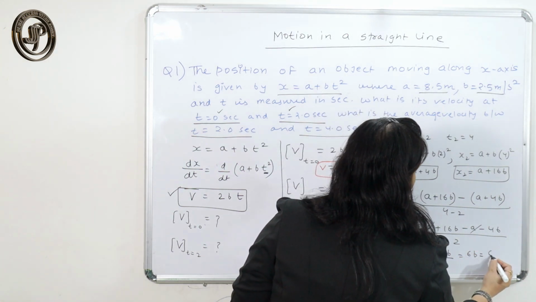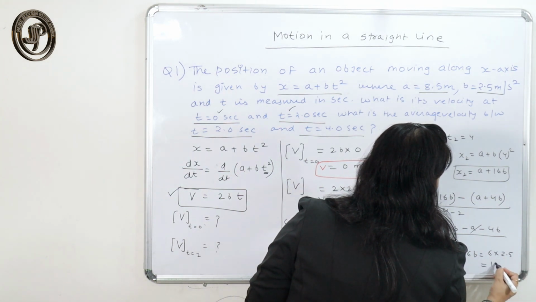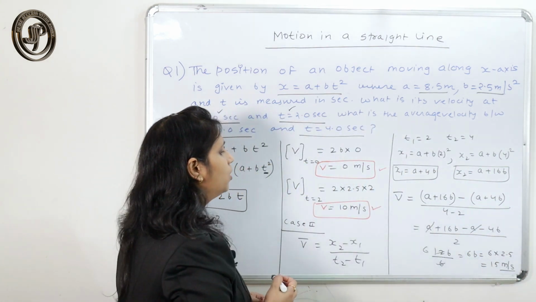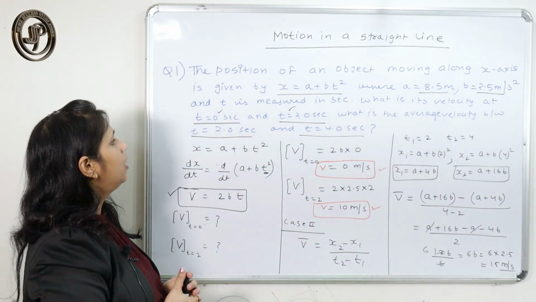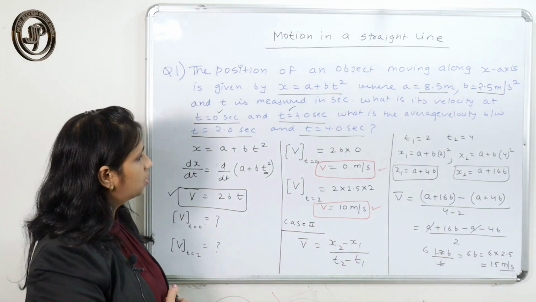Now if I substitute the value of b, which is 2.5, I will get 15 meter per second. That is the average velocity between t equals 2 and t equals 4 seconds.